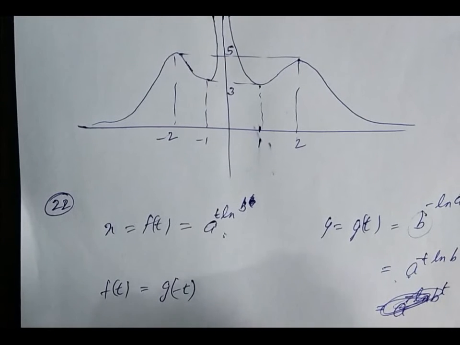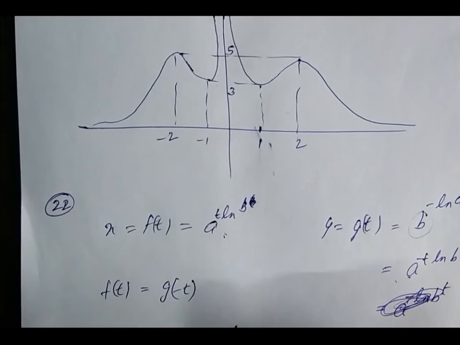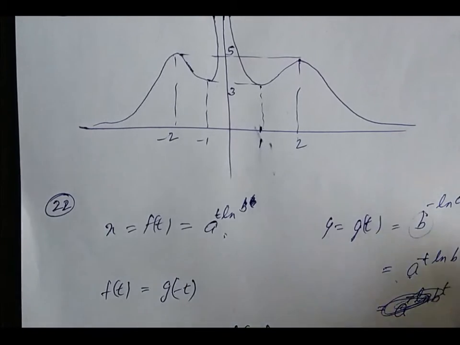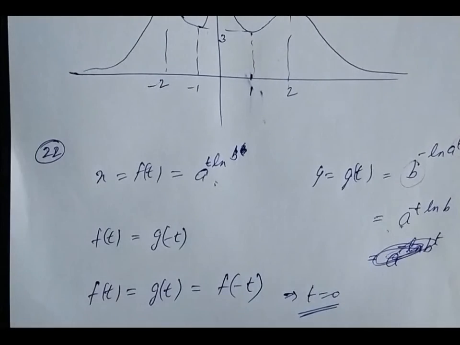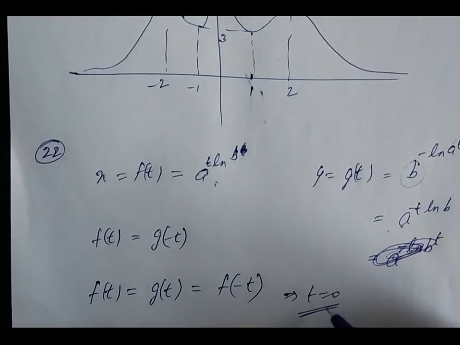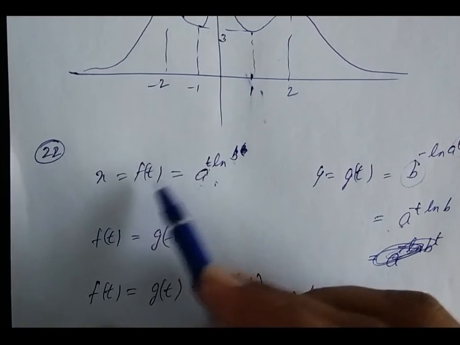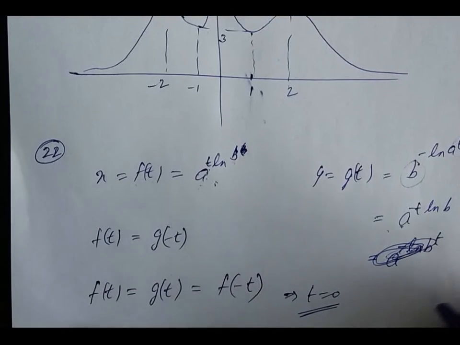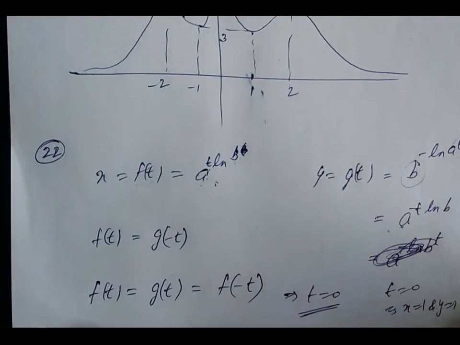So when ft is equal to gt, this will be equal to f of minus t, and if f of t is equal to f of minus t, this implies t is equal to 0 since ft is a 1-1 function. Okay, now we need to calculate dy by dx. At t is equal to 0, we can see that ft is 1, which means x is 1 and y is 1. So t is equal to 0, this implies x is equal to 1 and y is equal to 1. Now calculating dy by dx.